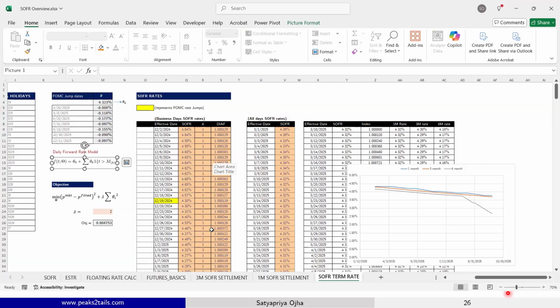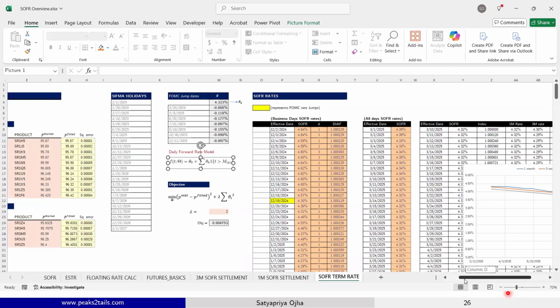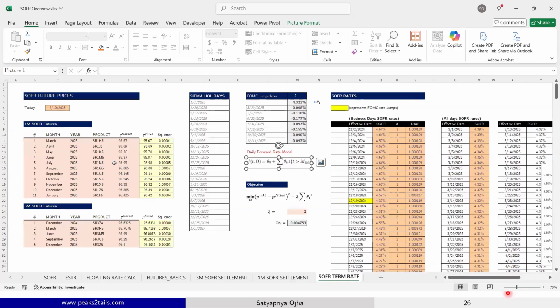Based on the daily overnight SOFR rate coming out of my model, I can easily value the SOFR futures, which are like 3 years ahead or 2 years ahead. For that reference period, 3-month or 1-month, depending on whether you are using 1-month futures or 3-month futures, I know the daily rates from my model.